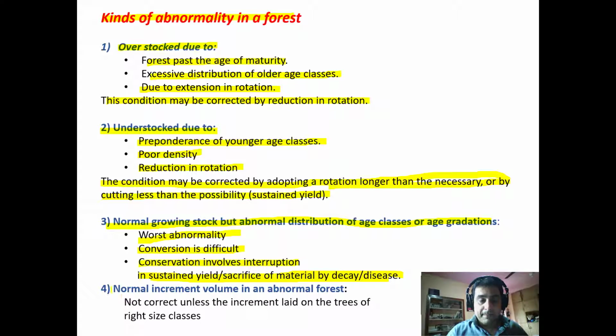Now there can be normal increment volume in an abnormal forest. The forest may be abnormal as such, but it's somehow giving you the normal increment. It is again not correct unless the increment is laid on the right age classes. Each age class must have a proportional contribution in giving the increment, so as to make the forest normal.